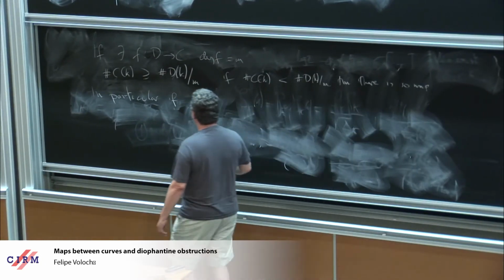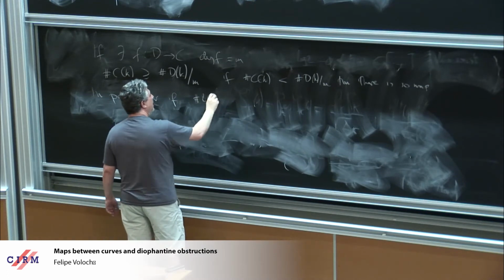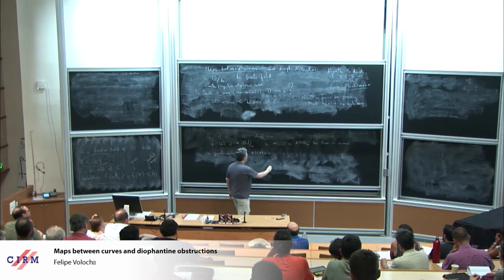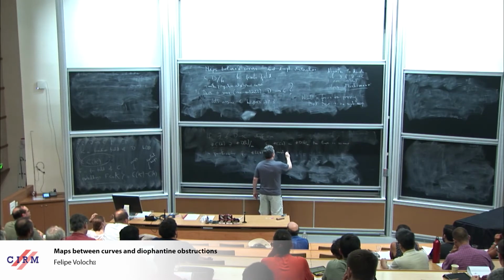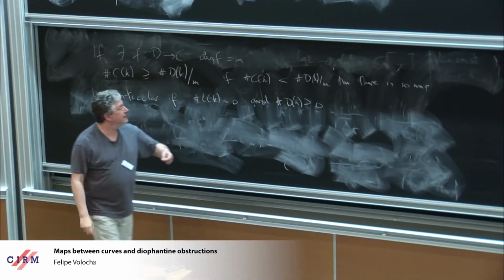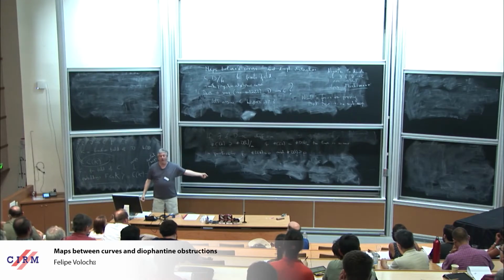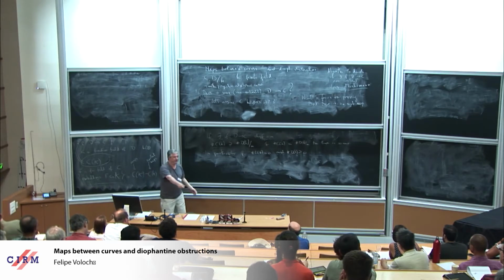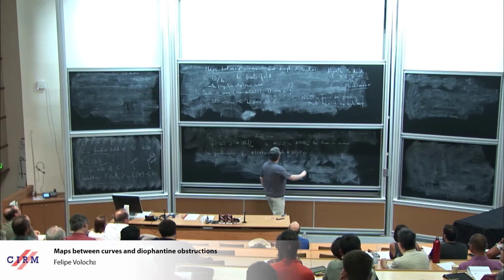In particular, if the cardinality of C(k) is 0, if it's a pointless curve, and the cardinality of D(k) is positive, so if D has a point and C doesn't, of course you have no map, right? If D has a point, this point has to go to a rational point of C. So there is no map.